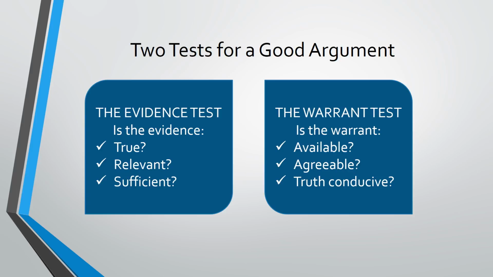Now, it's important to note that truth conduciveness comes in degrees. Different types of warrant may be more or less truth conducive. In other words, given the warrant, the conclusion may be more or less likely true. The limiting case of this, as we'll see in a minute, is a mathematical proof.